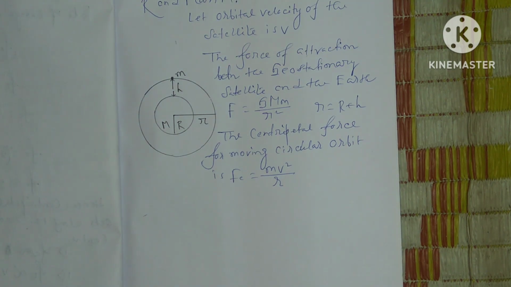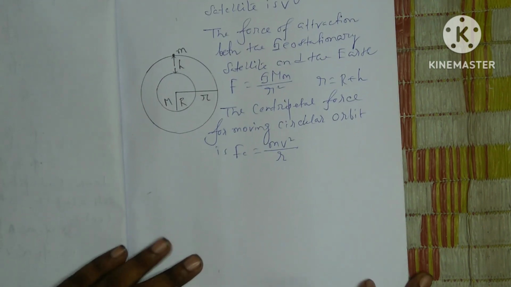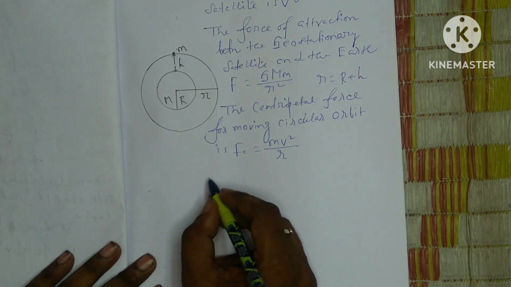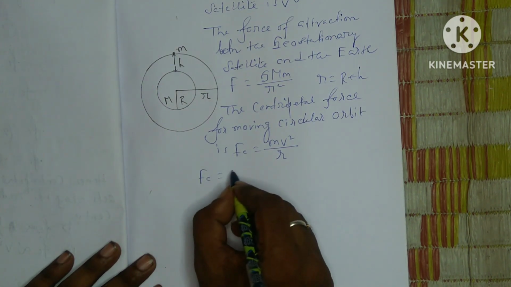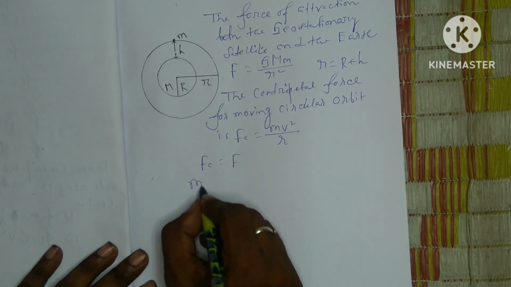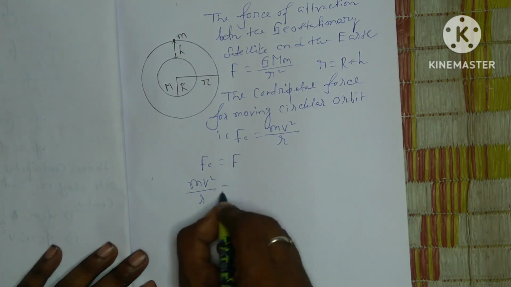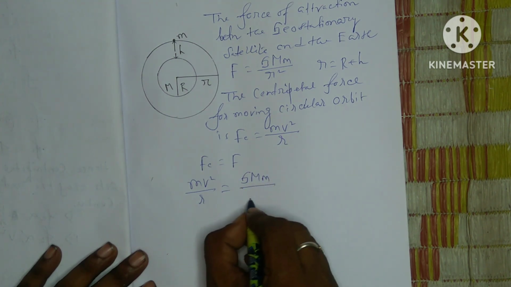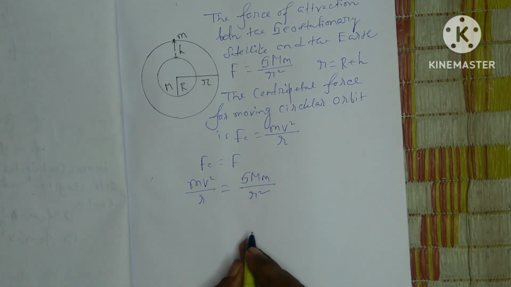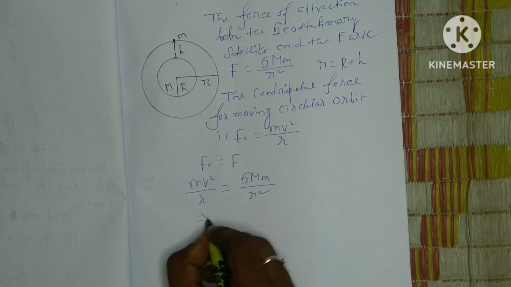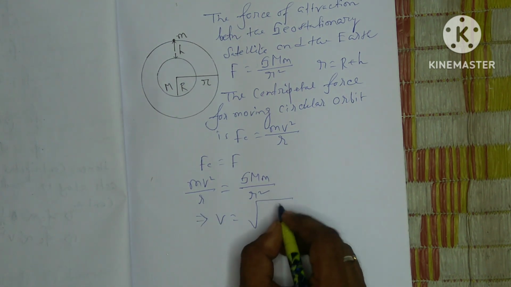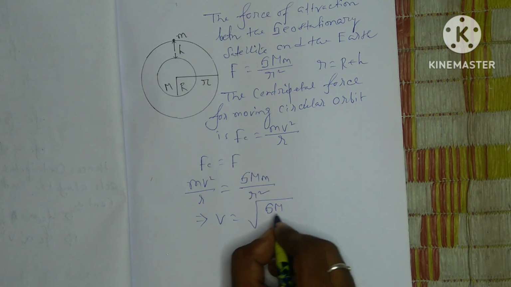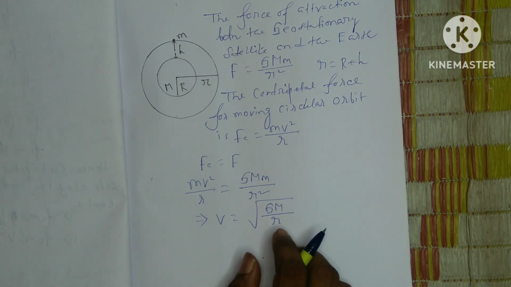So the required centripetal force is Fc equal to mv square by r. Now Fc equal to F. So mv square by r equal to GMm by r square. So we get v equal to root over GM by r.